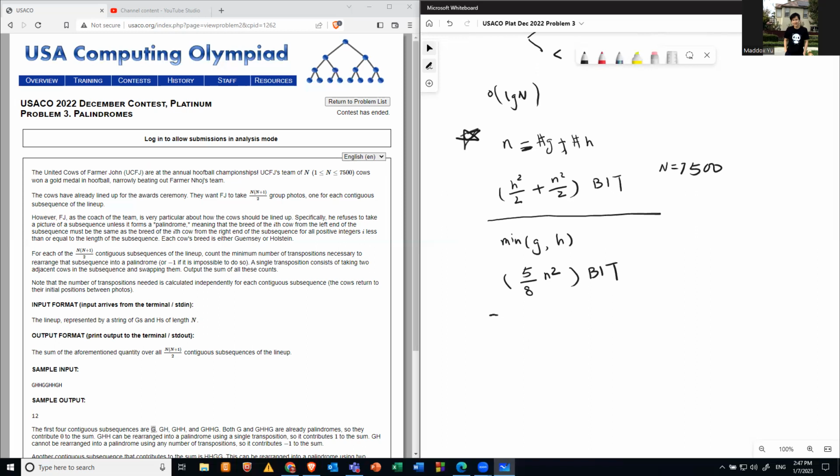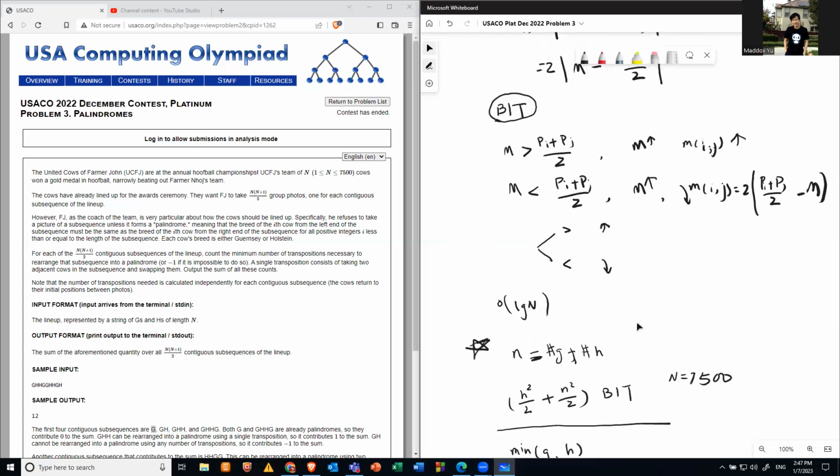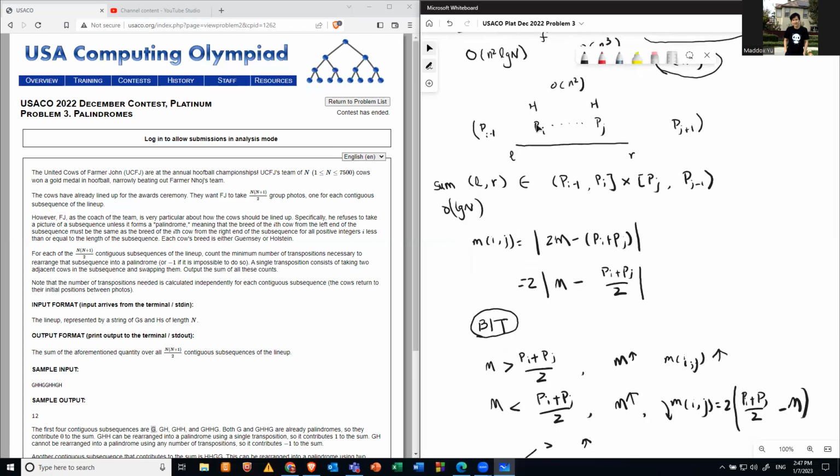Then there is another thing to say. There is a way to make it O(n squared) instead of O(n squared log n) using BIT. The reason is, when you move Pi and Pj, if you look at the movement, it's actually one directional.